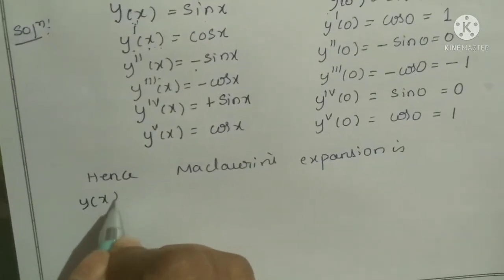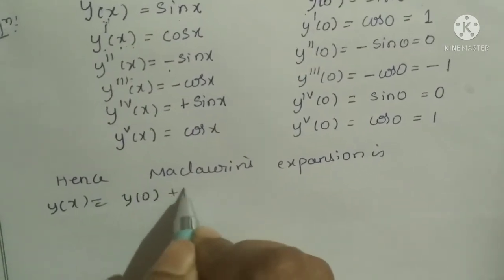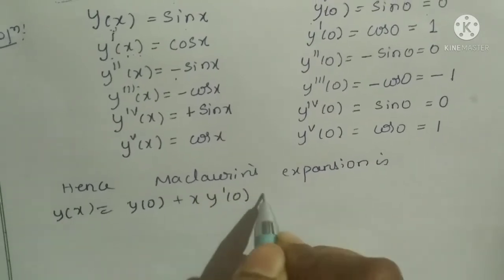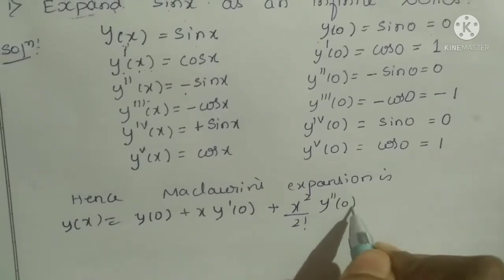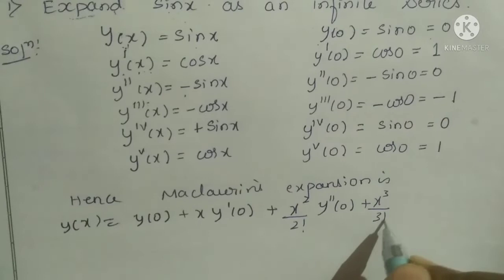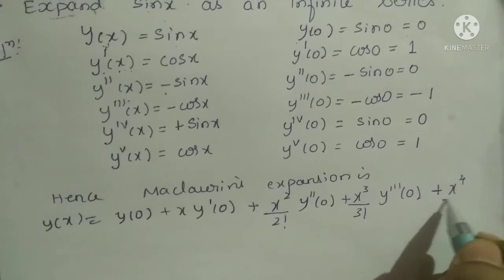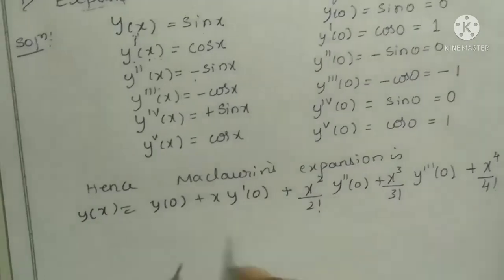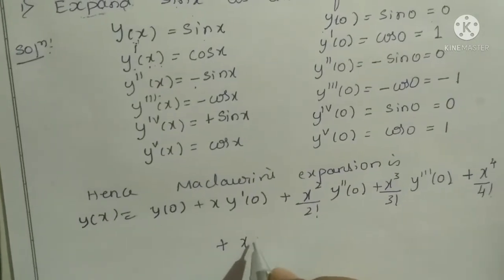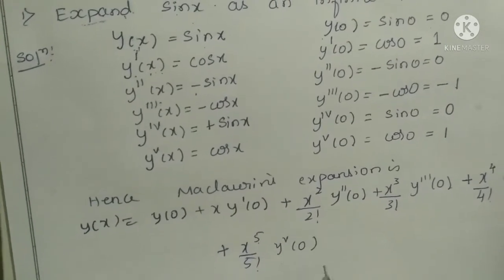That is y of x equals y of 0 plus x y dash of 0 plus x square by 2 factorial y double dash of 0 plus x cube by 3 factorial y triple dash of 0 plus x to the power of 4 by 4 factorial y to the power of 4 of 0 plus x to the power of 5 by 5 factorial into y to the power of 5 of 0.